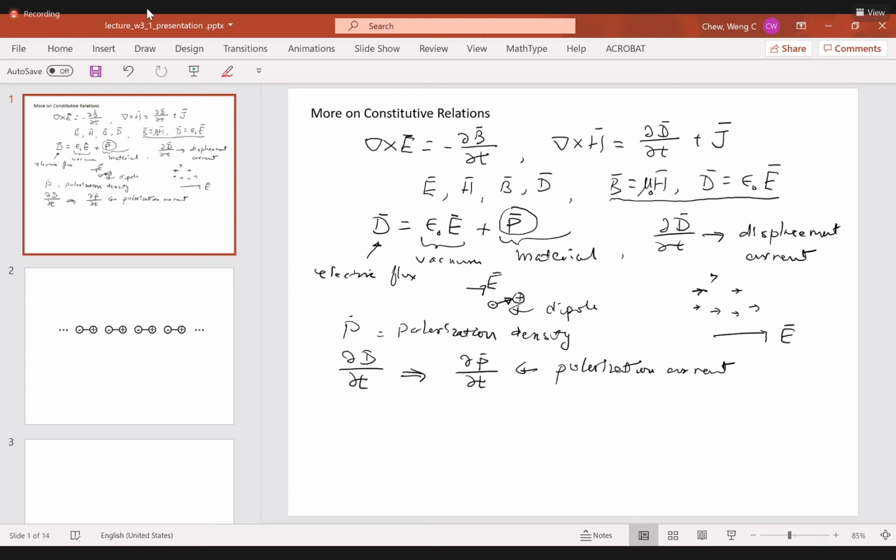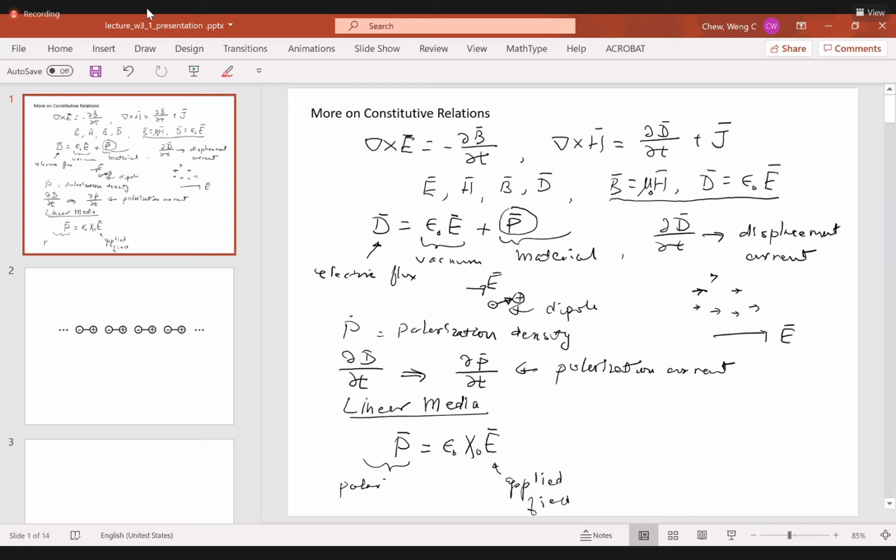But let's begin with a linear medium, or just linear media, where these dipole densities are linearly proportional to the applied electric field. Let's call this chi naught. So if the applied field, this is the polarization density, and it's nothing but the density of little dipoles.